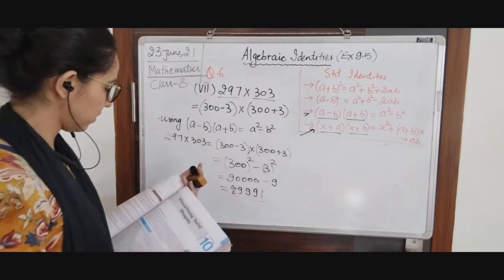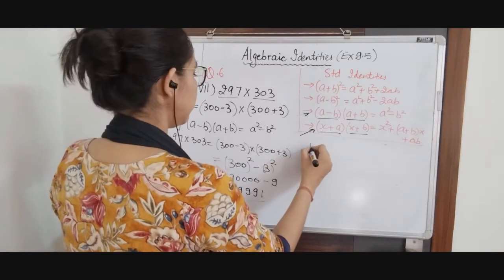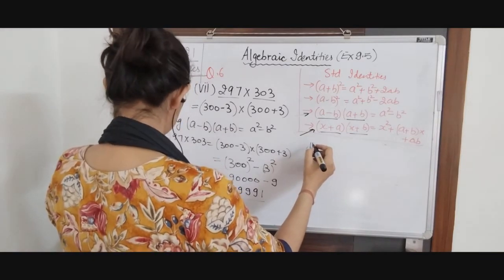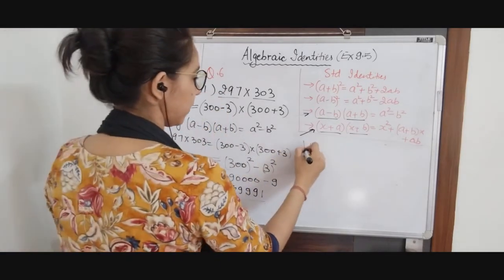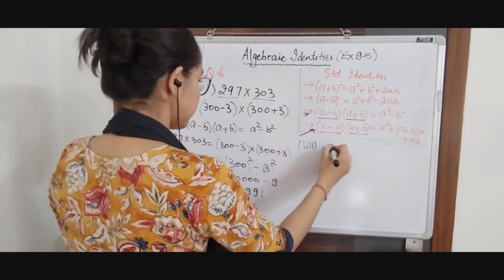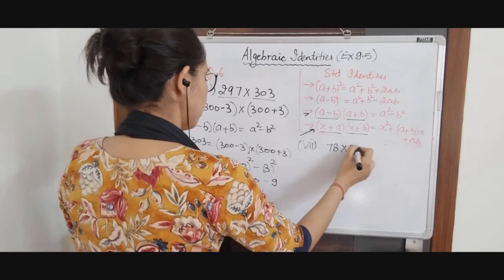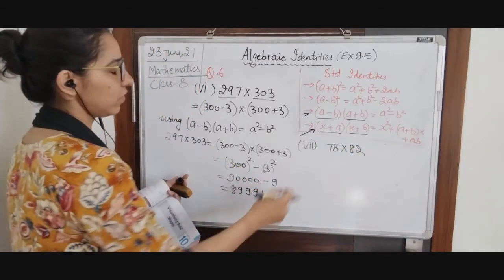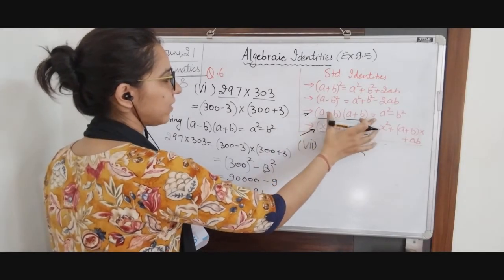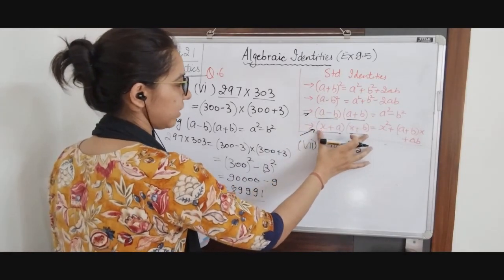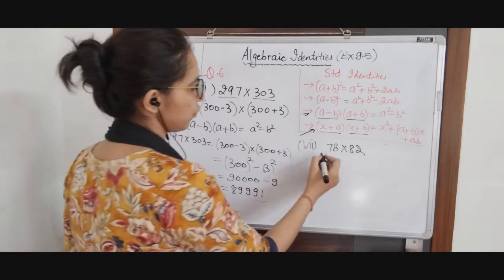Similarly, part 7, not part 7, this was the 6th part. Now we are doing the 7th part. In the 7th part, it is 78 into 82. This is again a product of two terms. It means we have to use either this identity or this identity. So we check which we will be using.